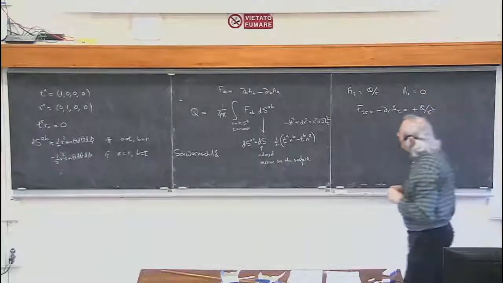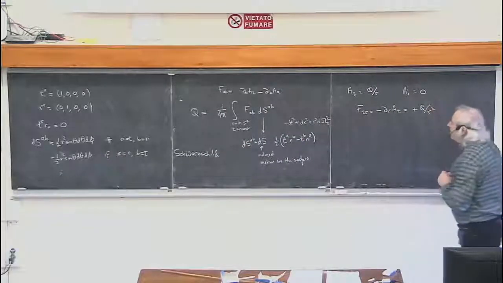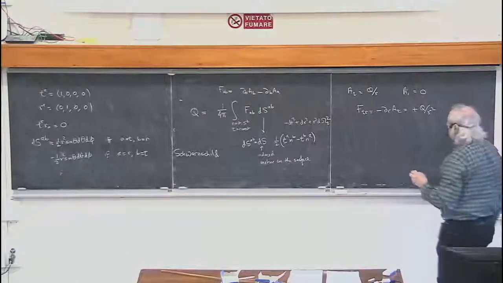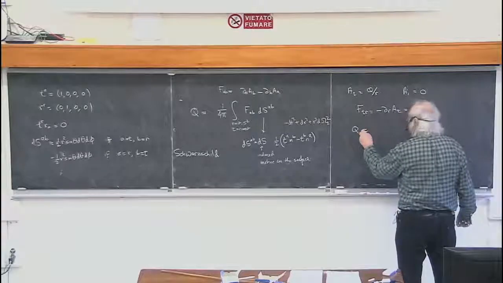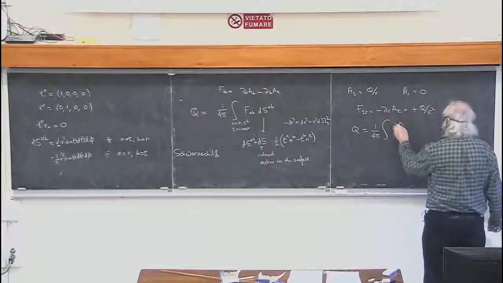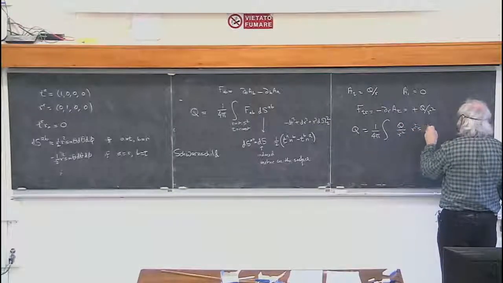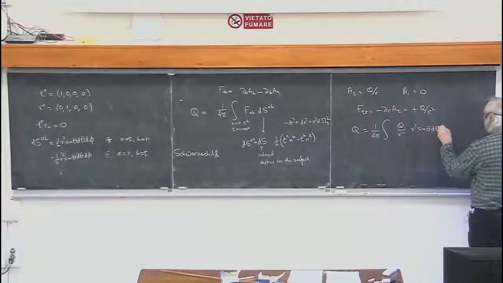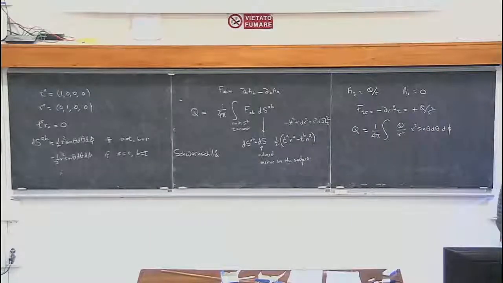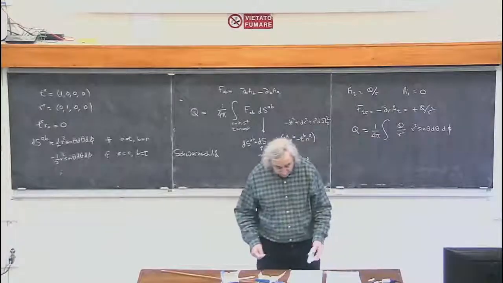I think actually with these sign conventions I need a minus. No, I don't. That's right. I got it right. So that tells you that Q is 1 over 4 pi integral Q over r squared sine theta d phi. So that works to give you the charge as an integral over the surface.